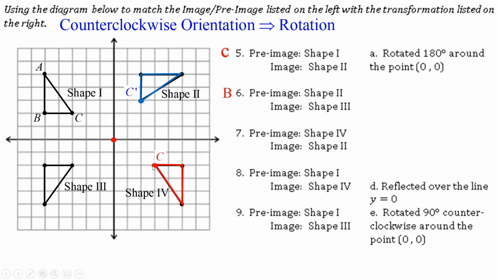And now we draw our segments from C to the point of rotation, and then from the point of rotation to C prime. And that looks like a real good rotation to me. All right, so this one, let's see. Does this look like a 90-degree angle again? So 90 degrees, but we're going now in a counterclockwise direction. So let's see. 90 degrees counterclockwise, that's E.